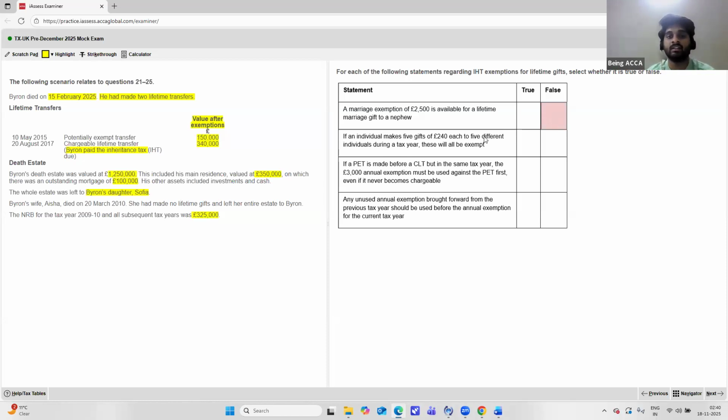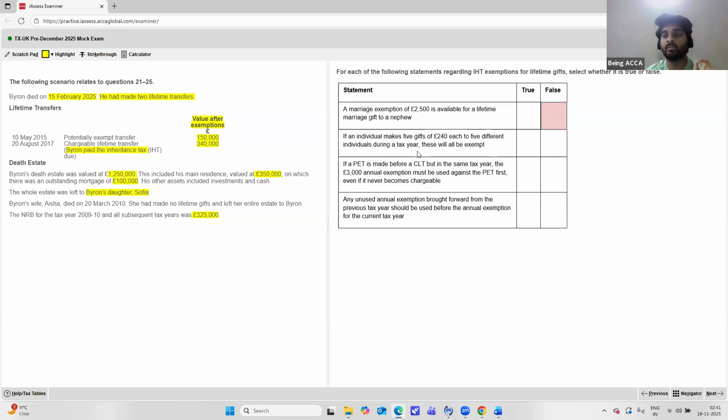Okay. With this, we'll move on to the second part of the question, which talks about an individual who makes five gifts of £240 each to five different individuals. You'll have to remember it: just £240 each to five different individuals during the tax year. These will be exempt. This comes under what we must have studied as the small gift exemption.